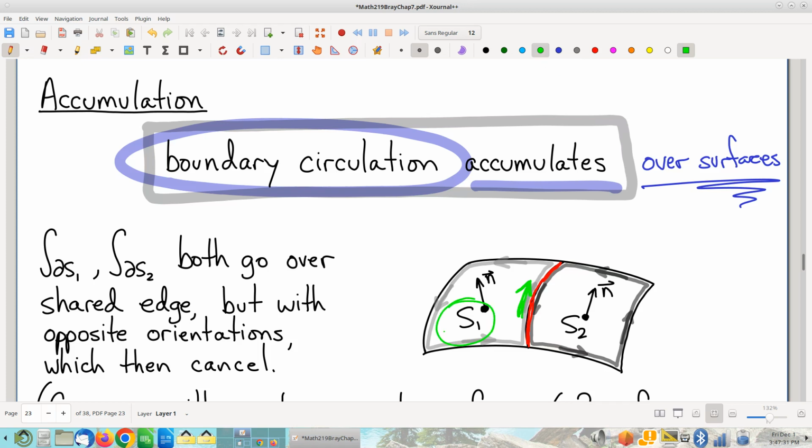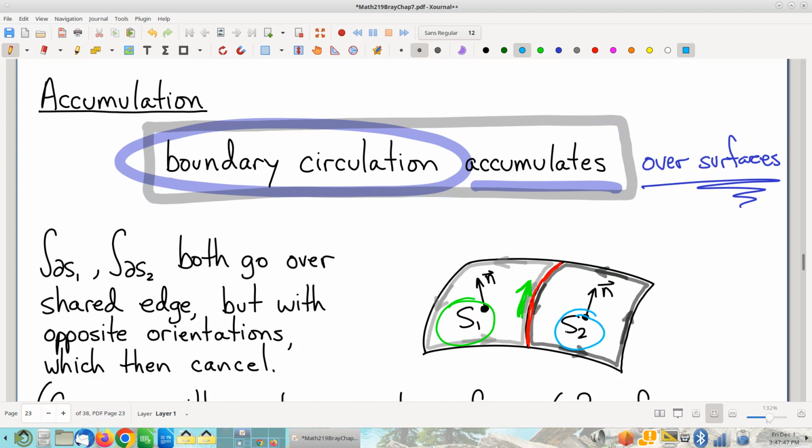You have to think about the orientation of S1. S1 is oriented like that, fingers, swirl, sideswipes. It's going to be going that way. And then S2 is oriented in a consistent way.